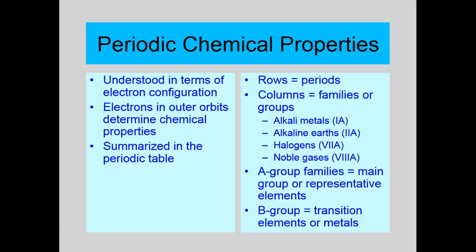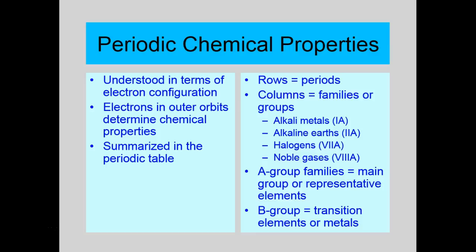So for your A's, there's 1A, 2A, then jump over the boron, 3A, 4A, 5A, 6A, 7A, and 8A. 1A and 2A are filling the s electron subshell, and then the 3A's through 8A's are filling the p's, okay? With the noble gases, 8A, having a completely filled outer shell.